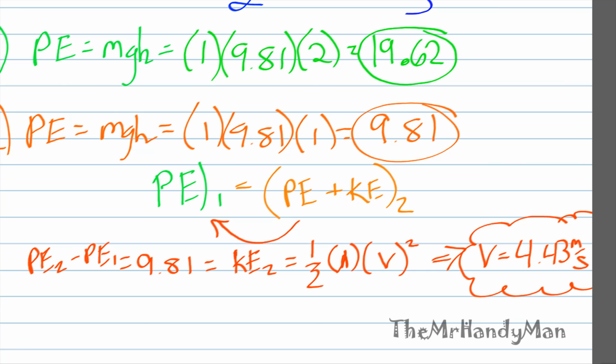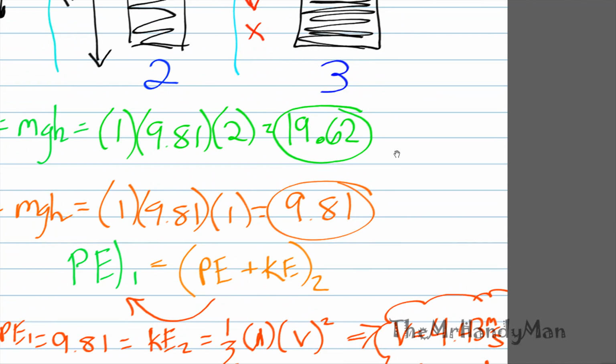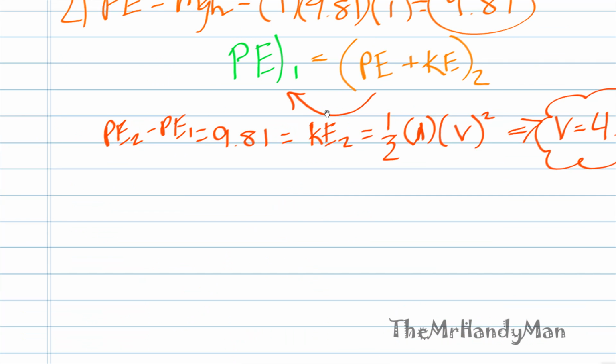Now, realize that rather than carrying over this solution, we can always look back at our initial solution of 19.62 as the total energy in the system, because we know that there's going to be a conservation of energy. So knowing this, we can slide right on into situation 3, where 19.62 is going to equal both the potential and the kinetic energy.